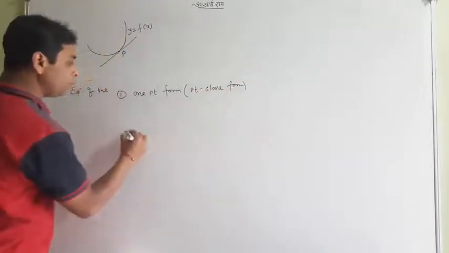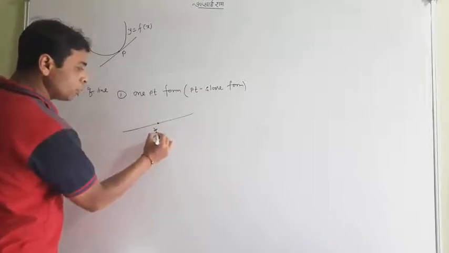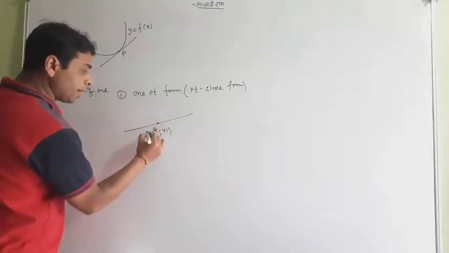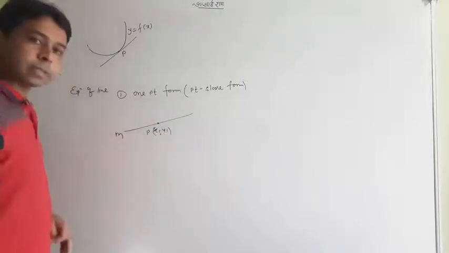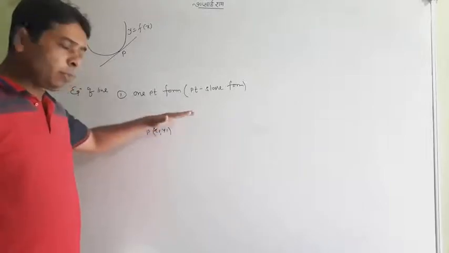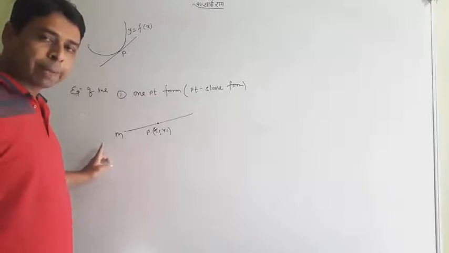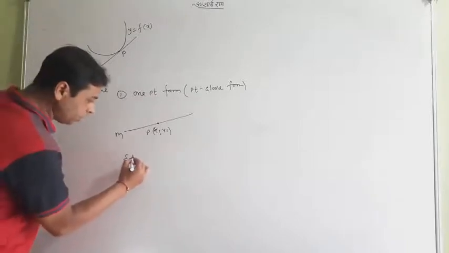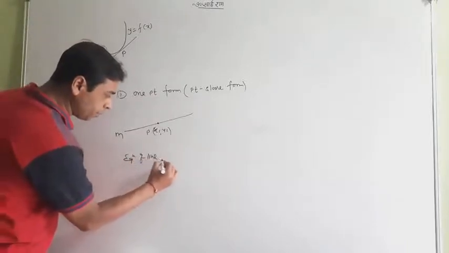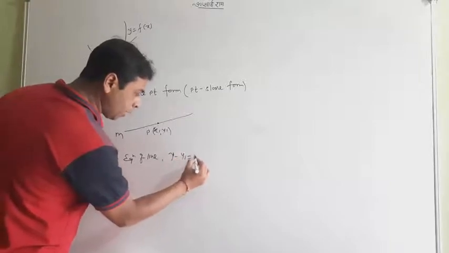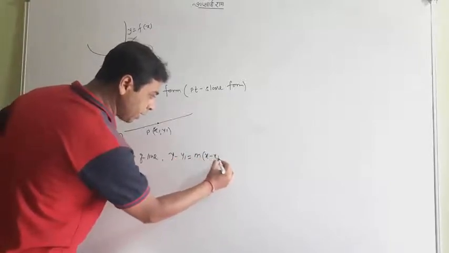In this form, students, the criteria will be given like this: the line passes through one point (x1, y1) and its slope is m. Then the equation of this line will be y minus y1 equals m times (x minus x1).